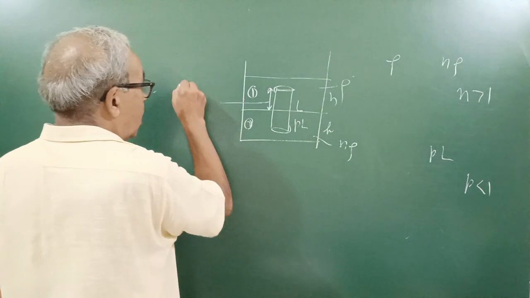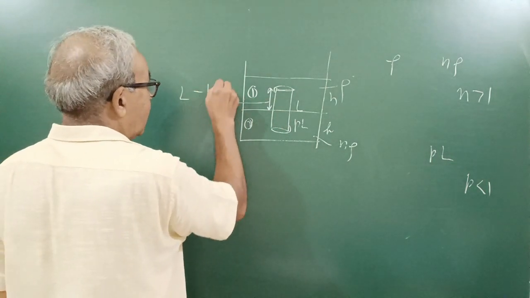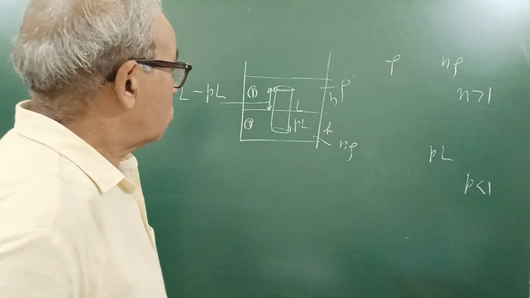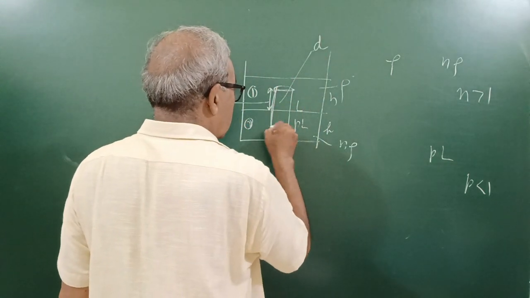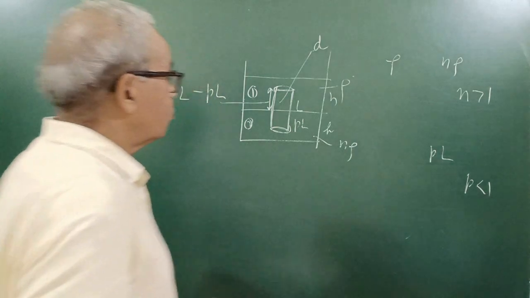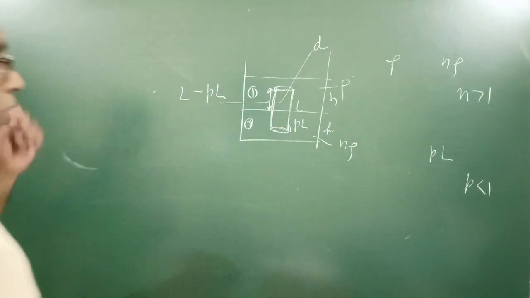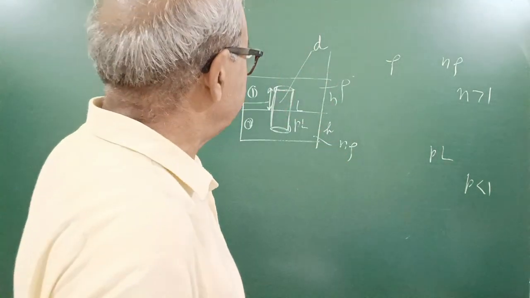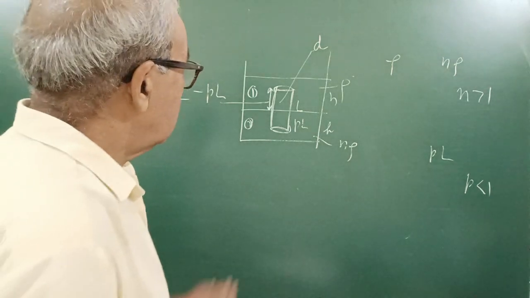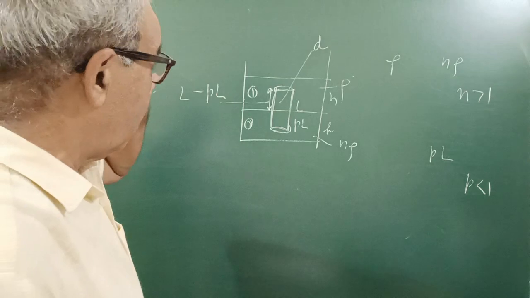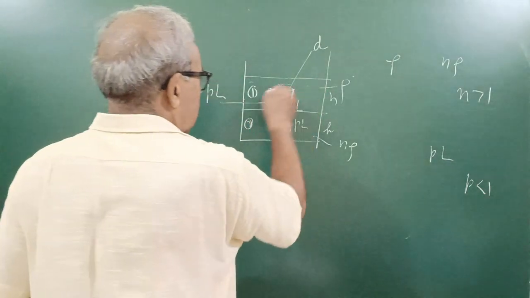This length will be L minus PL, and the density of the material of the solid cylinder is D. So what is density D? It is floating completely somewhere inside the liquids.